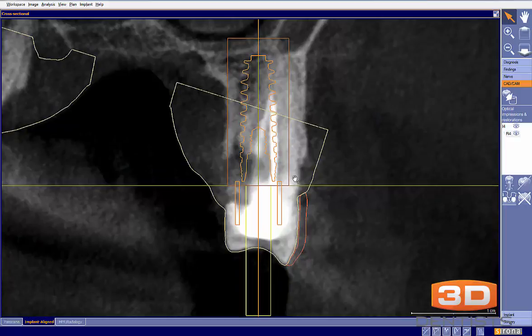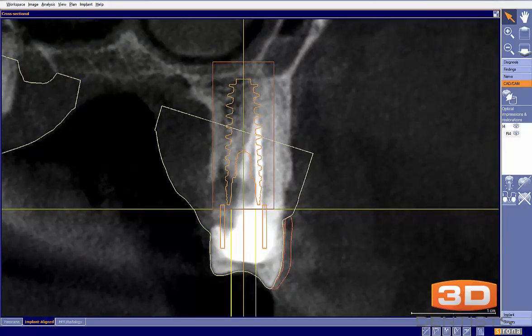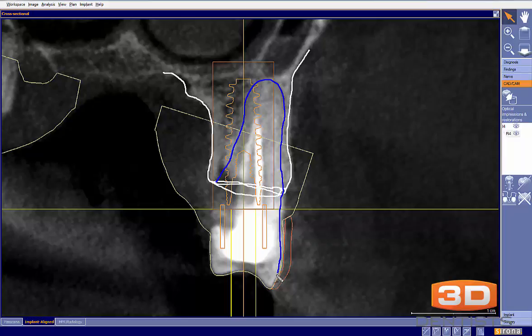So in looking at this part of it, now let's take a look at where is our bone. Based on what I see, the bone is about right here, and let's outline the existing root and tooth here.